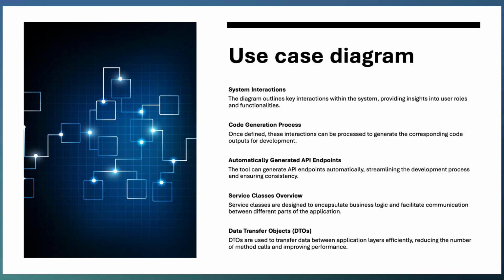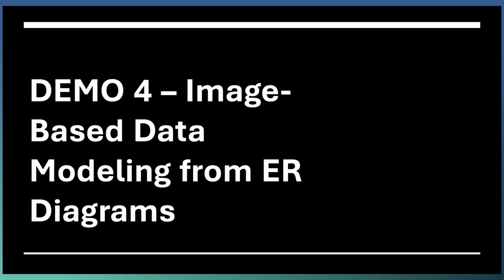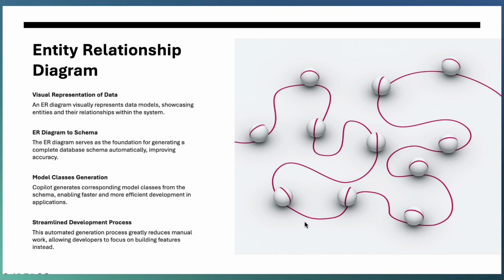So let us move quickly into the next one, that is data modeling. So we deal with architecture, use cases, class diagrams. Now obviously we all start with a schema or data components. It may be defined in SQL or NoSQL databases, which deal with some kind of entity relationships.